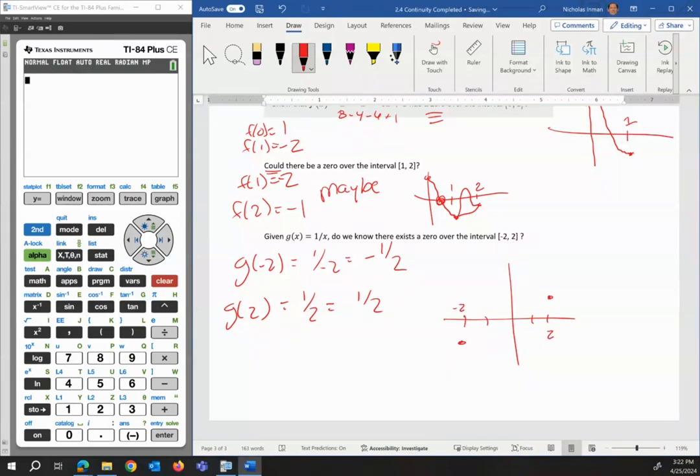Is there definitely a 0 in between those two? Well, I would imagine I'd have to connect them, and it feels like, yes, there would be. But then I take a look back at this equation. G of x equals 1 over x. What's the first rule of the intermediate value theorem?